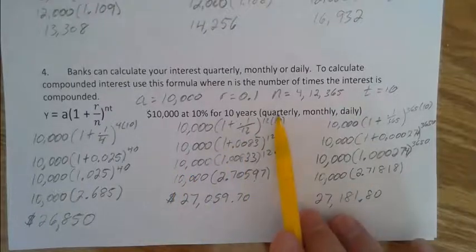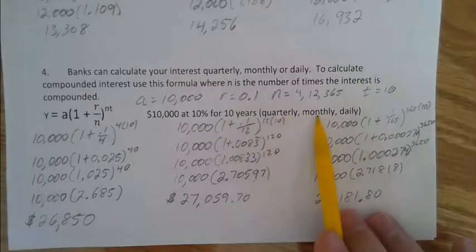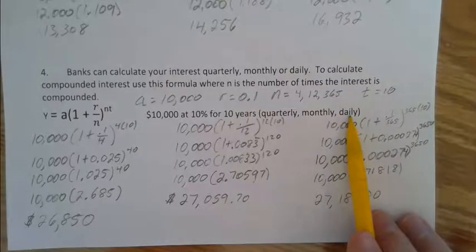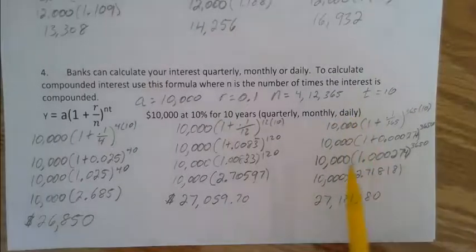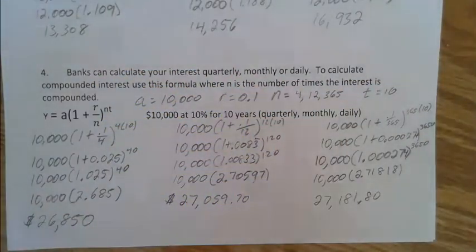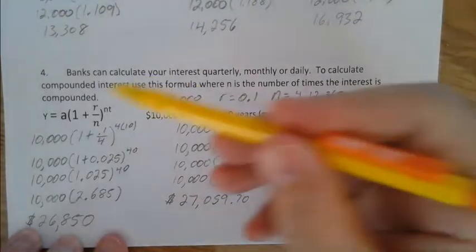So if it's quarterly, that's 4 times a year. Monthly, 12 times a year, and then daily is 365 times a year. So on your calculator now, things are going to get a little tricky with the decimal places and where you round.